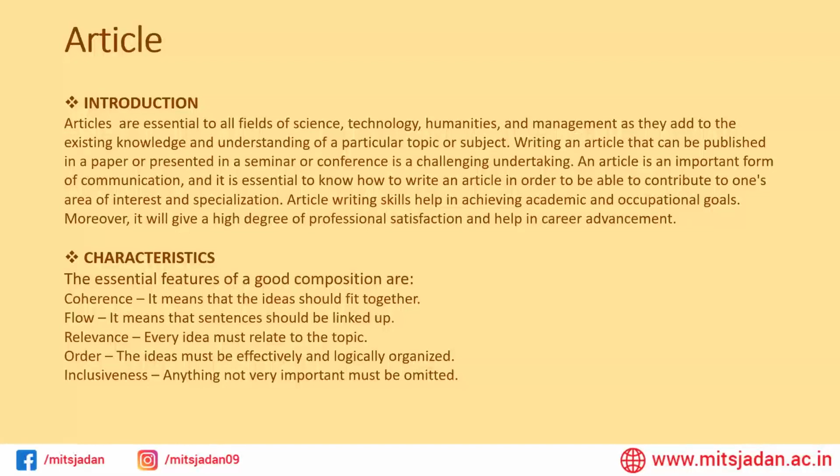Second, we shall be reading in this slide about the characteristics, like what are the things that are supposed to be kept in mind. The essential features of a good composition are what? While we are writing the article, coherence basically deals with the continuation of thoughts in the form of sentences.